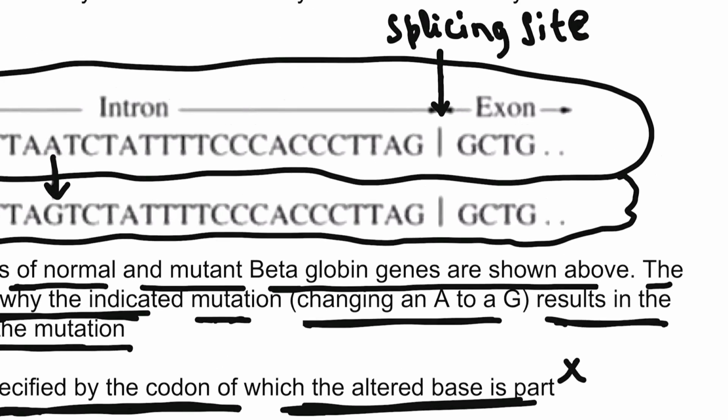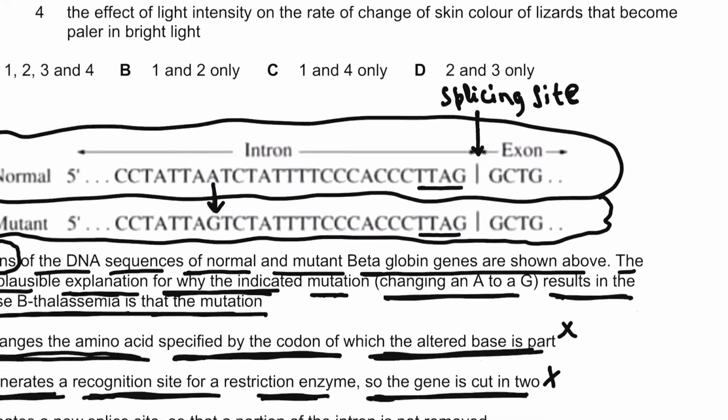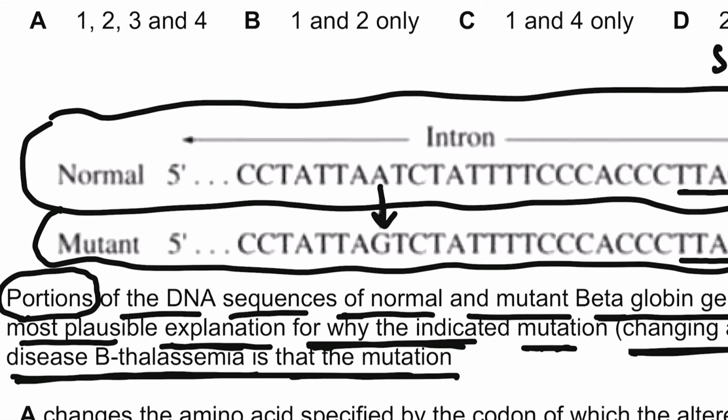Over here we see a sequence that is TTAG. Can you see this? TTAG. And over here in the normal beta-globin gene, there was a sequence TTA, and this changed to TTAG.